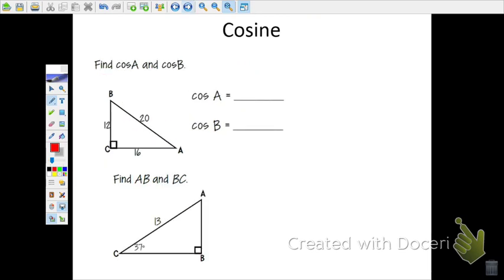If we move on to cosine, cosine was the adjacent over the hypotenuse. So the cosine of A, adjacent is 16. Adjacent is right next to. So 16 over the hypotenuse, 20. 4 goes into both of those, so it reduces to 4/5.